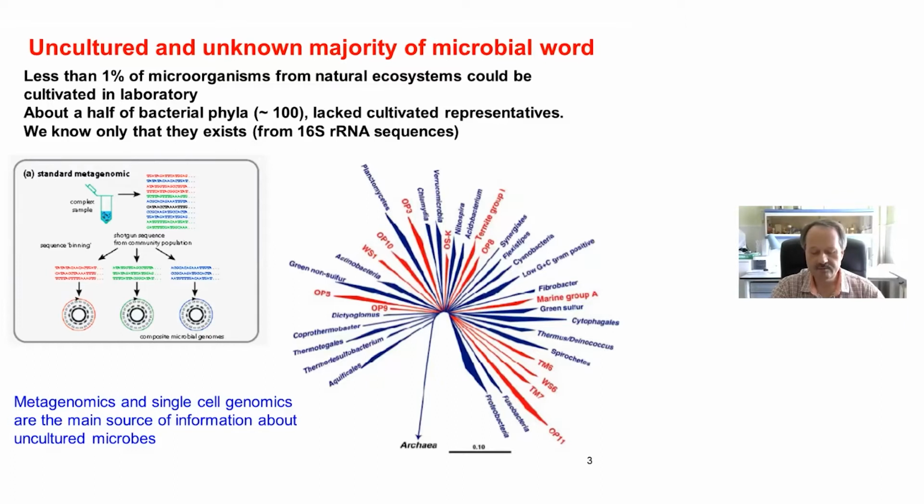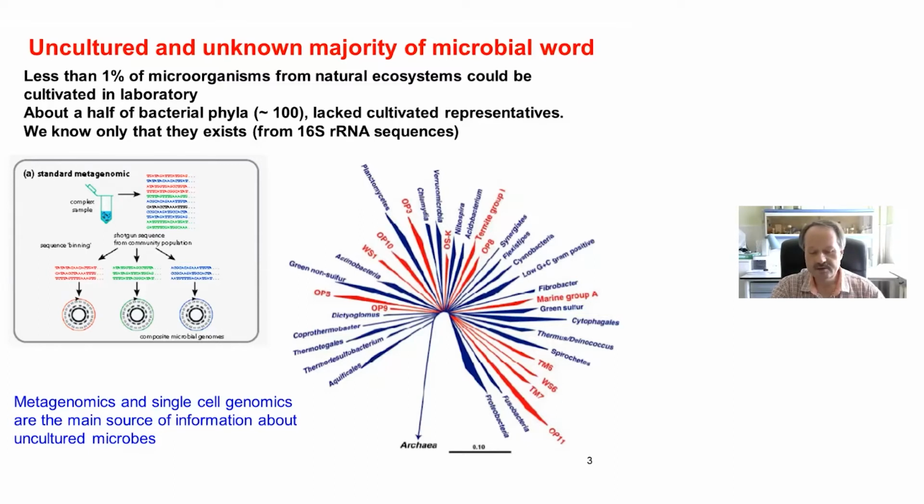Moreover, about half of bacterial phyla even now lack cultivated representatives. Phylum is the highest taxon, like mammals, birds, or fishes among eukaryotes, for example. In botany and zoology, any new species is a great achievement, but in microbiology, you don't know 99% of them.